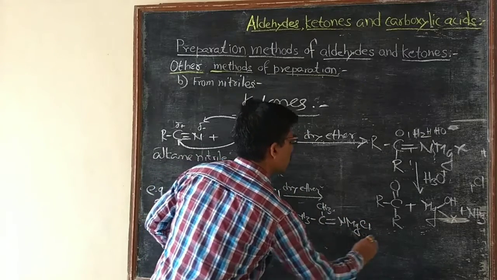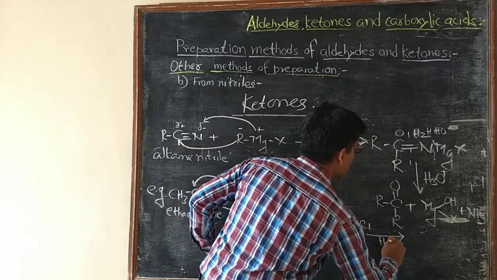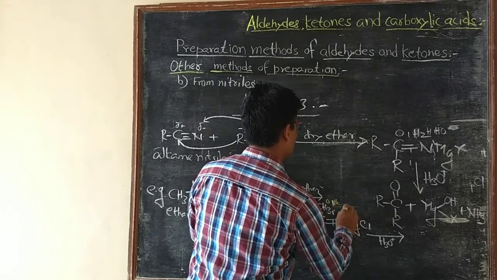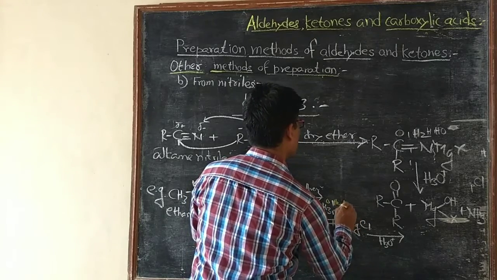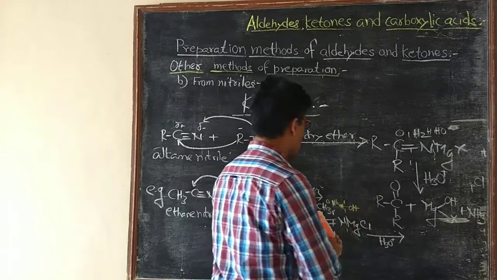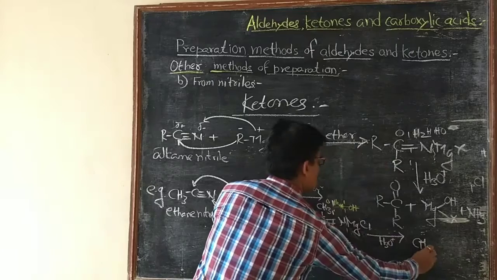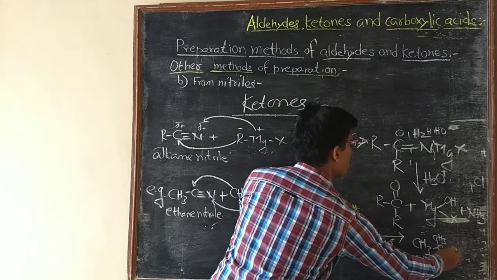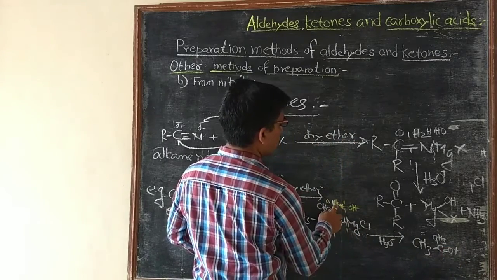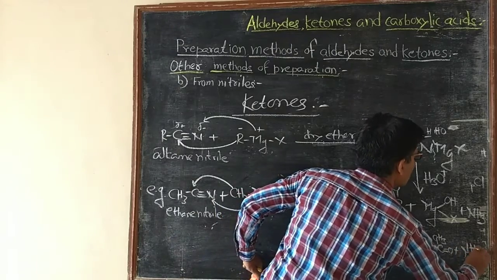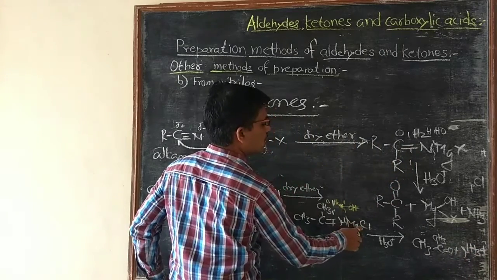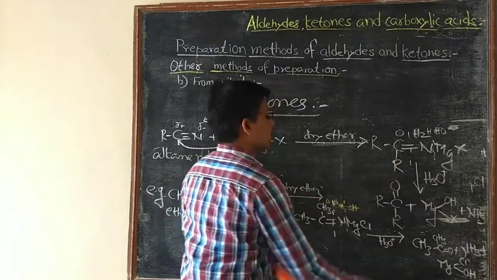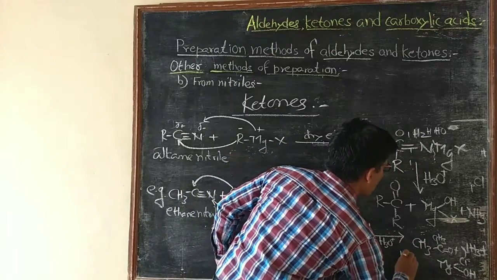This addition product further undergoes hydrolysis in presence of acid, that is acid hydrolysis, to form CH3 C double bond O CH3 plus NH3 plus MgClOH. It is propanone.